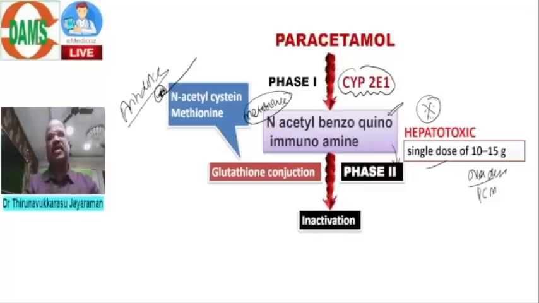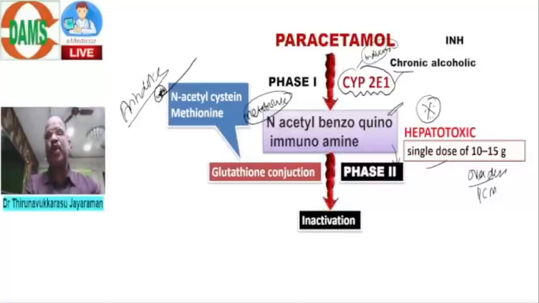Remember, CYP2E1 is the enzyme causing the phase 1 reaction. This enzyme can be induced in a chronic alcoholic patient or one who is on isoniazid. So isoniazid and chronic alcoholism will induce CYP2E1.